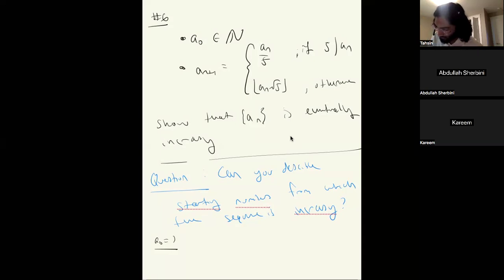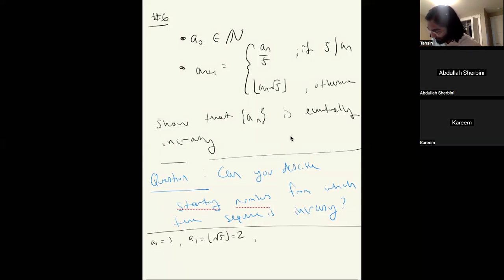So the first thing to really understand is what happens with a_0 equals 1. Then a_1 is the floor of root 5, which is 2.